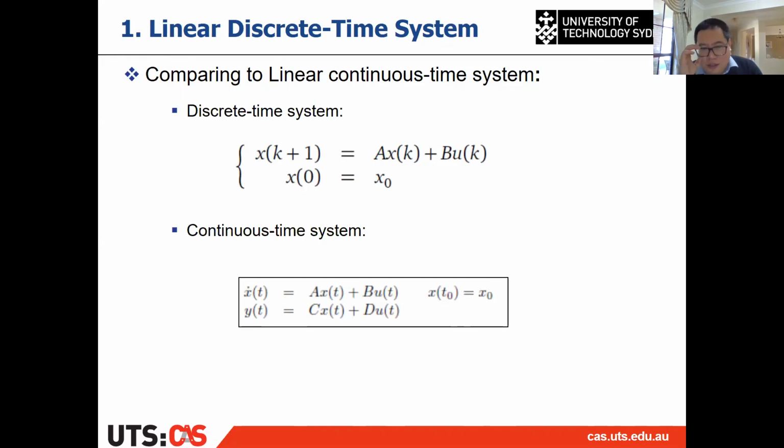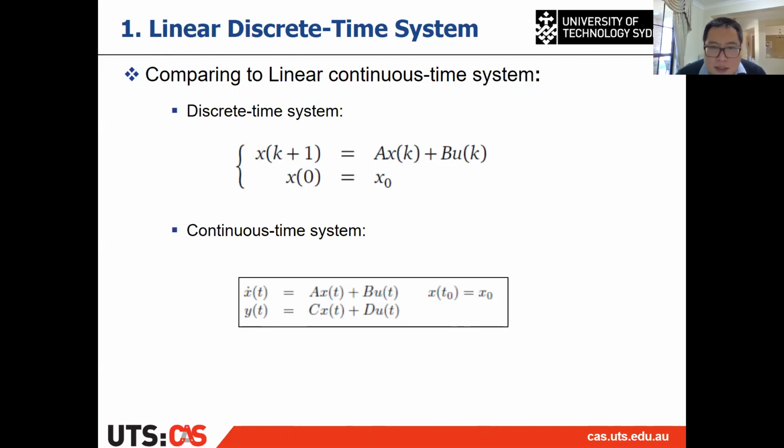If you find x dot, then that means it is a continuous time system, because if it's not continuous, you can't calculate the derivative. There's no derivative. So that's the first difference.